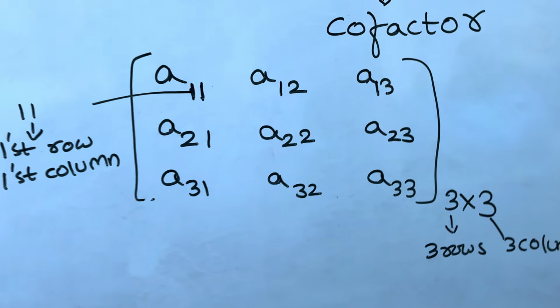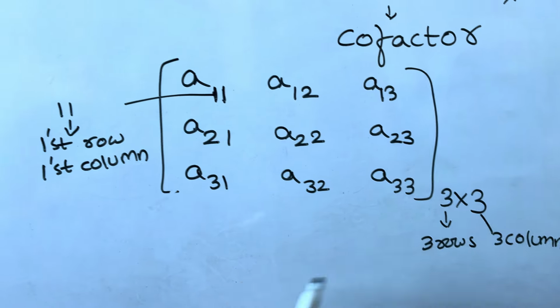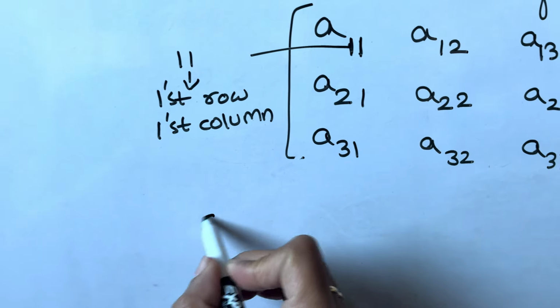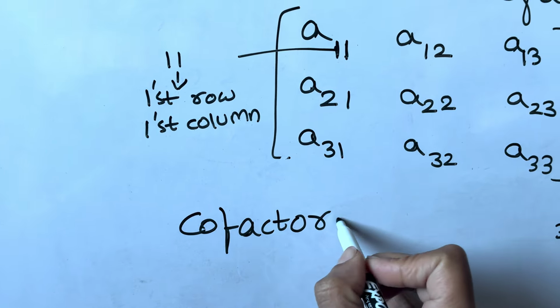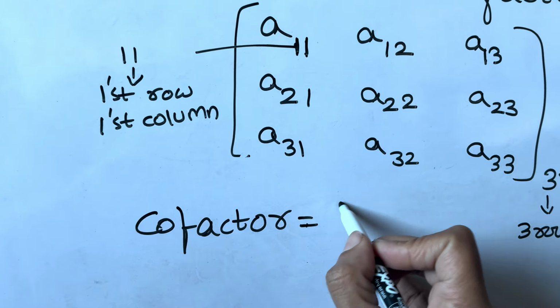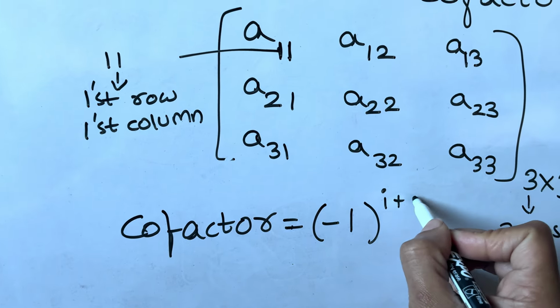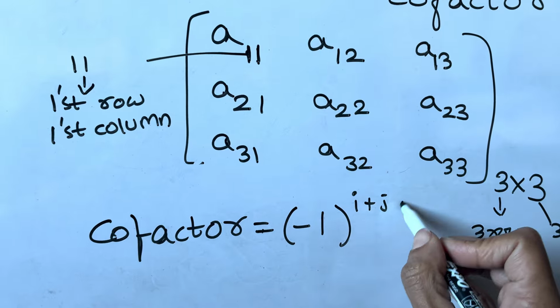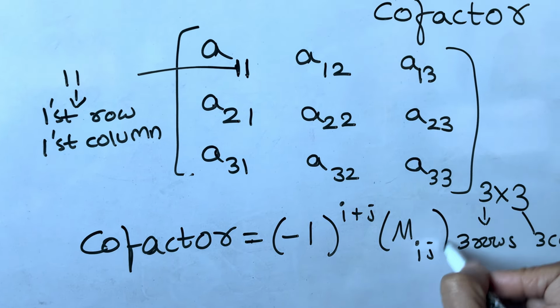So let's understand the cofactor of this matrix. The cofactor can be found using the formula of -1 to the power of i plus j multiplied with the minor of i and j.